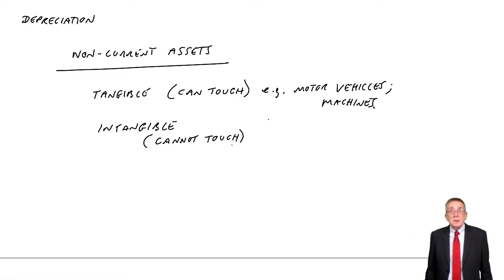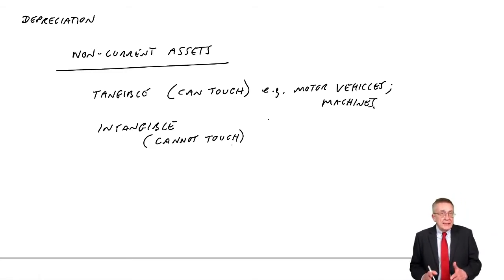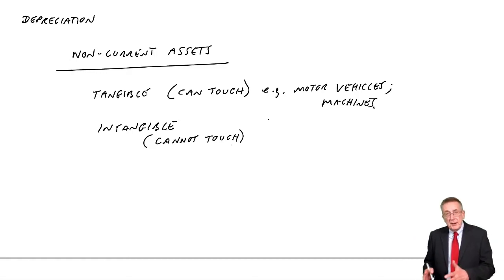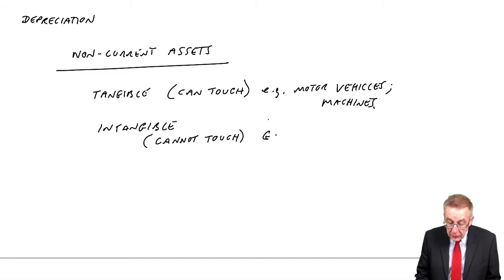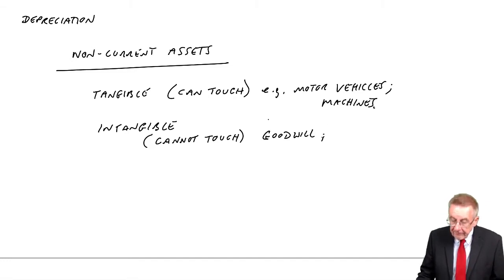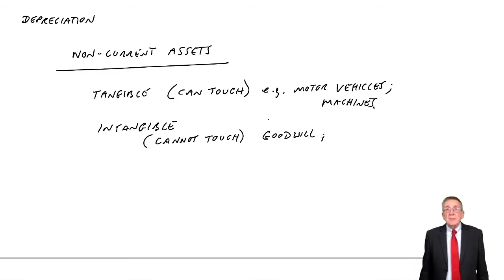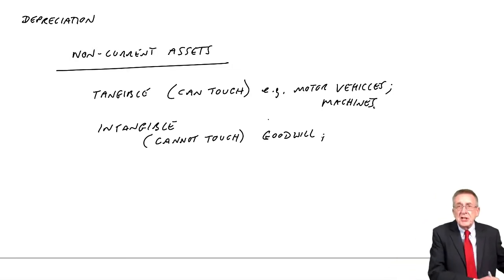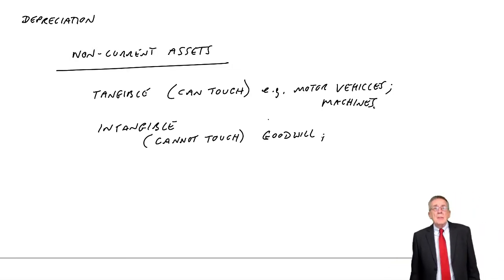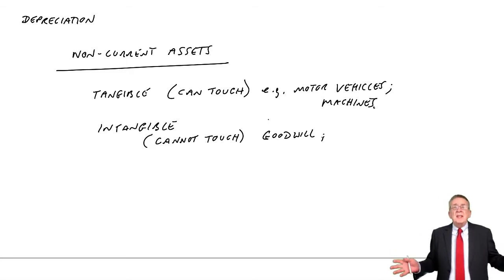I'll give you two examples, but I don't go into great detail here because we'll deal with more about these in a later chapter. One is goodwill. Suppose you were thinking of buying my business. You look at what assets I've got, car, building, machines, etc., and perhaps you think they're worth 50,000.